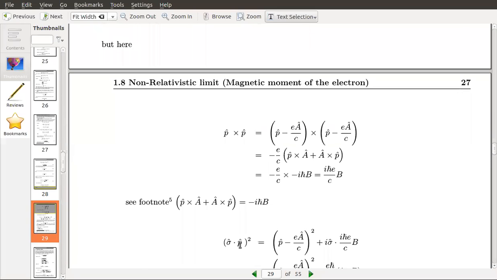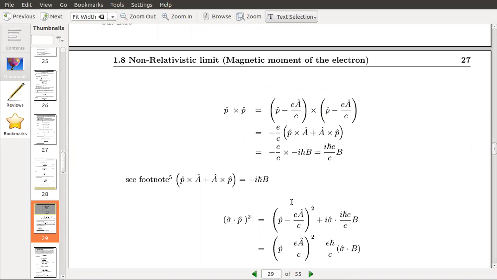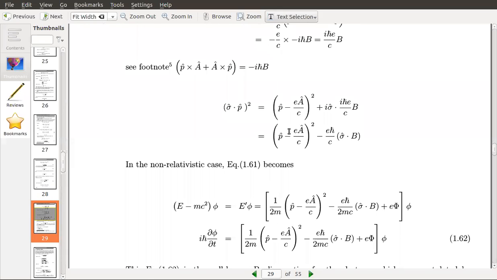So sigma dot P square equal to, you substitute here also, P minus e by c A whole square plus i sigma dot this quantity P cross P, iħ cross e by c into B. Okay, now this can be written as P minus e by c A whole square minus, this 2i comes, I square is minus, so eħ by c into, all these are constants, then sigma dot B. Okay, so this is sigma dot P whole square in the non-relativistic limit.